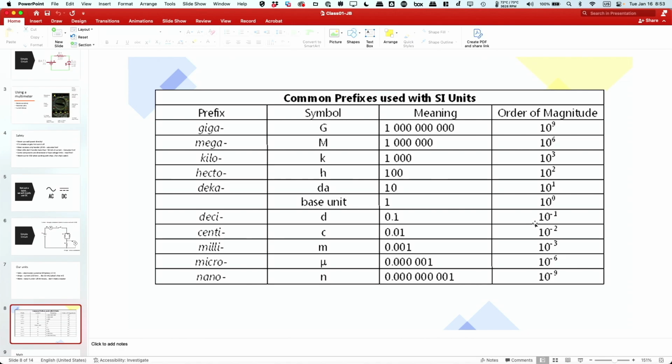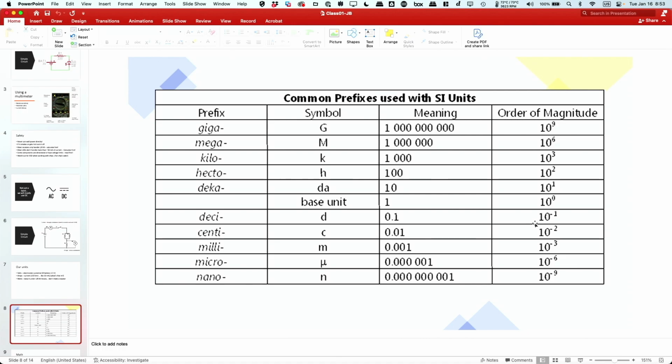So with any metric unit, often we need to put prefixes on it so that we don't have to write lots and lots of zeros or decimal point zeros. You guys probably learned all of this back in elementary school, the metric prefixes.